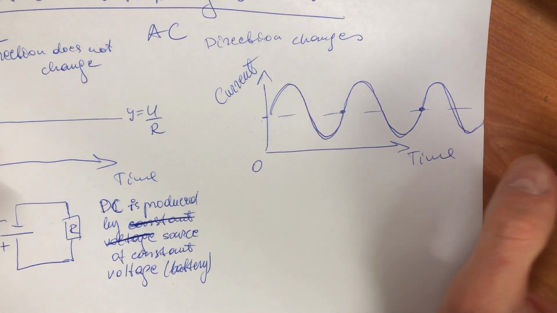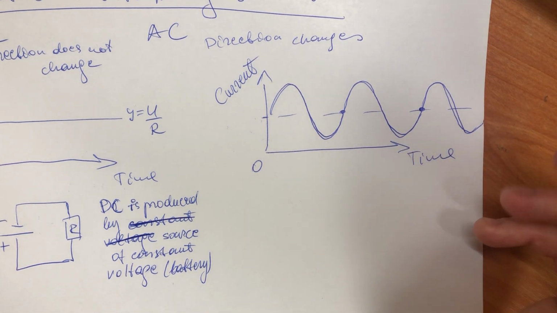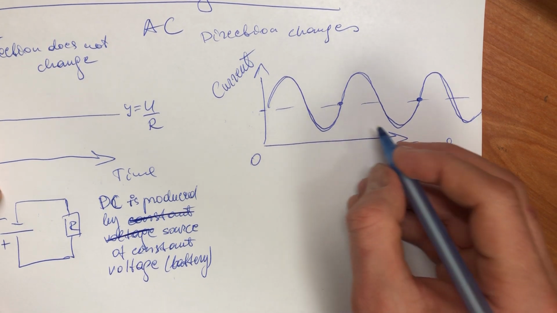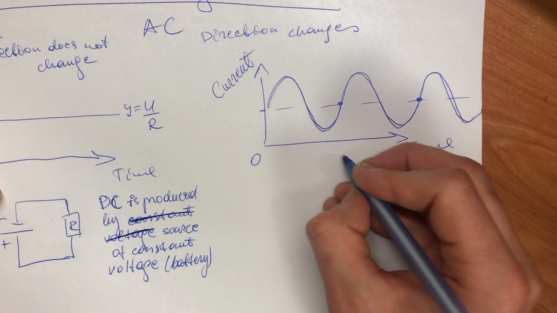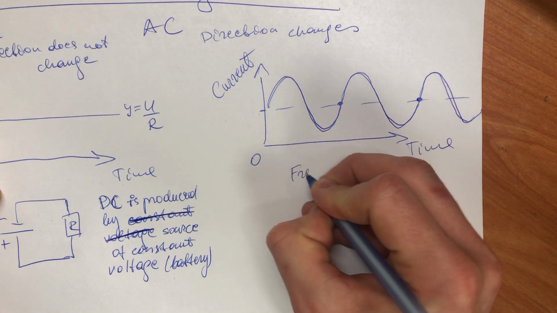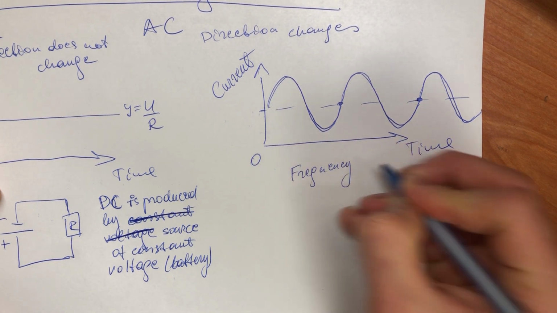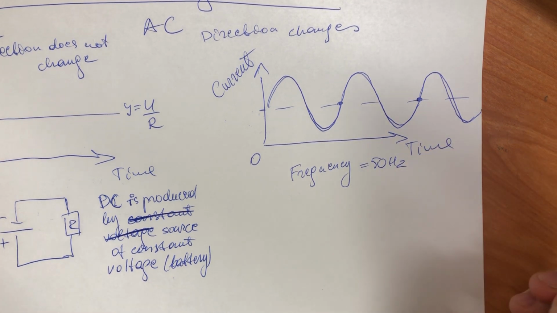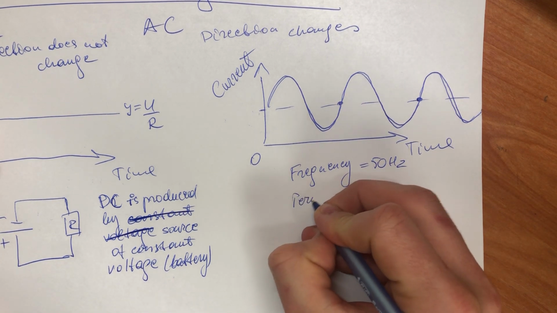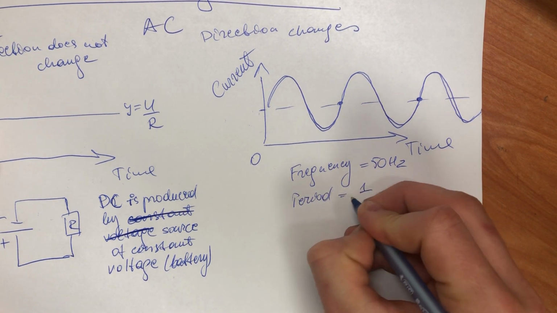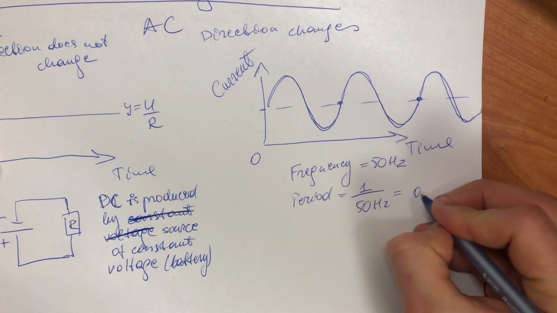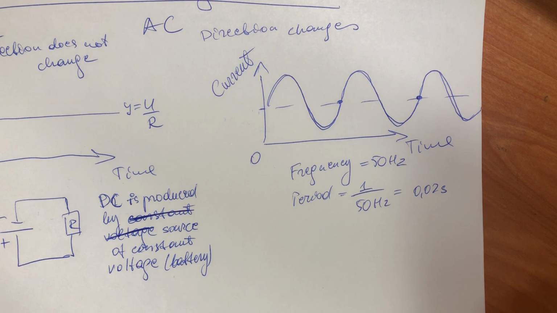So this current has frequency. In Lithuania, I don't know, maybe in Europe it is 50 hertz. In America, I think it's 60 hertz. So period is 1 divided by frequency, so it would be 0.02 seconds.